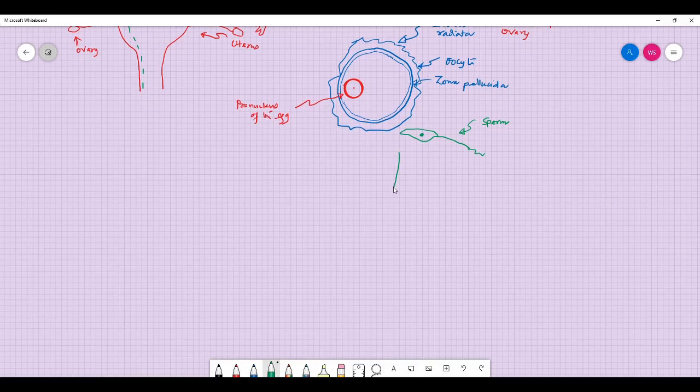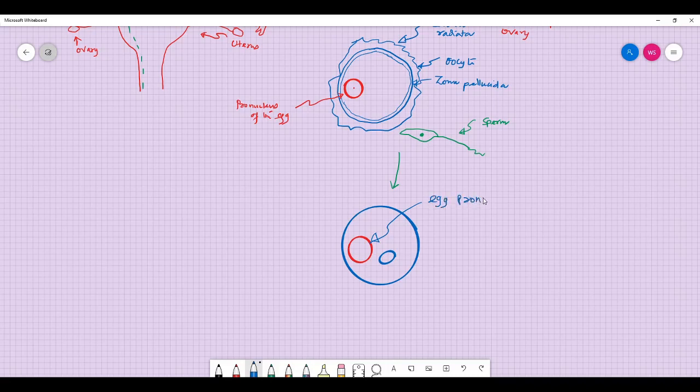So these two come together. Let's draw the egg again. Okay, and let's depict the pronuclei of the egg, and let's denote the pronuclei of the sperm. So that's the egg pronuclei. This is the sperm pronuclei. The next event is they fuse.